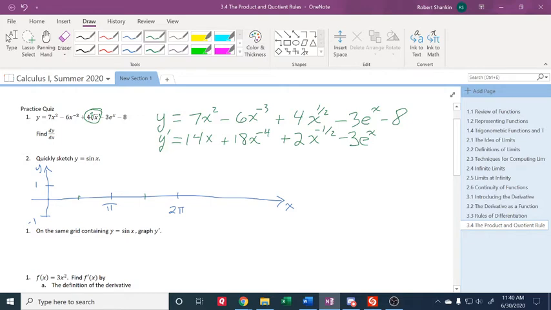Sine starts here, at the quarter point it goes to its highest, it keeps changing by one height every quarter point, and then we connect this with as smooth a curve as we can.